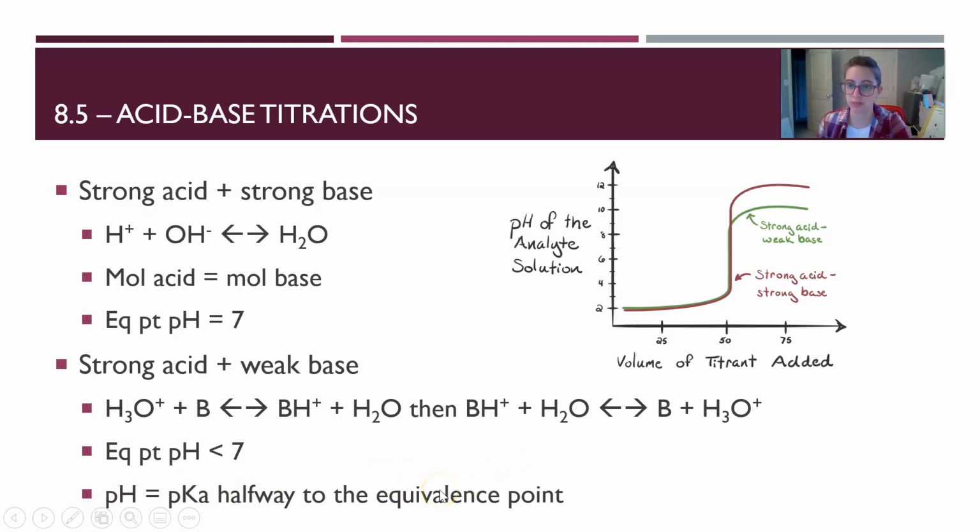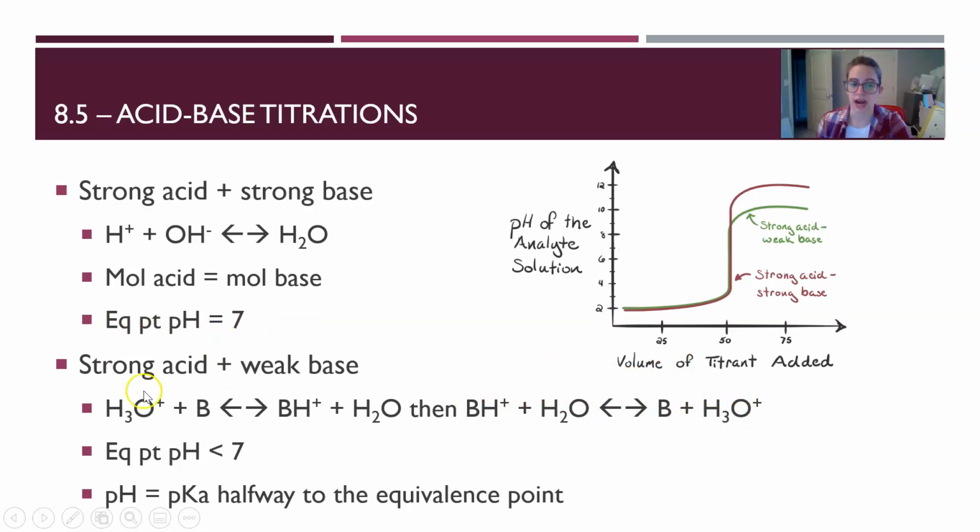Because if you know one of them, you can figure out the other, because Kw is 1 times 10 to the negative 14. So you have to keep in mind when you're working with strong acids and weak bases, or weak acids and strong bases, you have to take into account that second equilibrium that's going to take place.